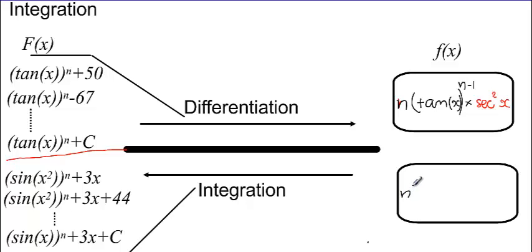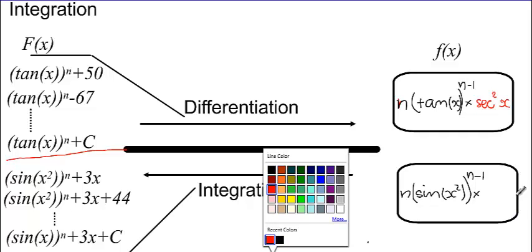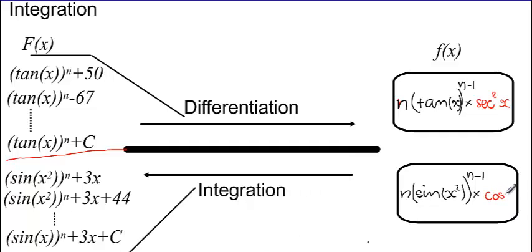And n multiplied by sin, in brackets, sin x squared, sine of x squared to the power n minus 1, multiplied by cos x squared, multiplied by, I'll cheat there and write here, multiplied by 2x, plus 3.